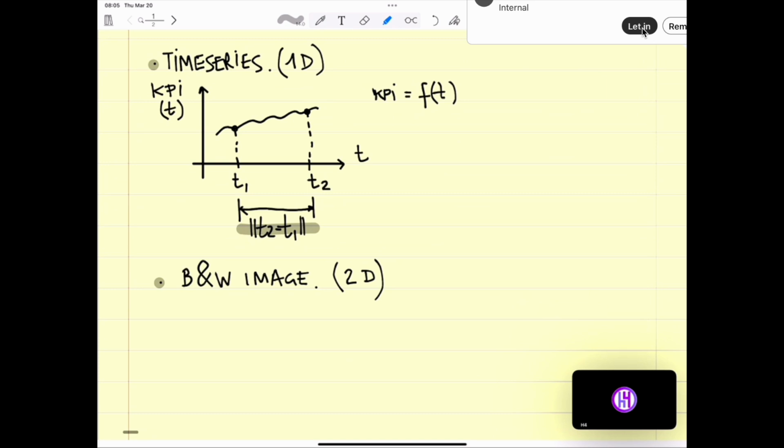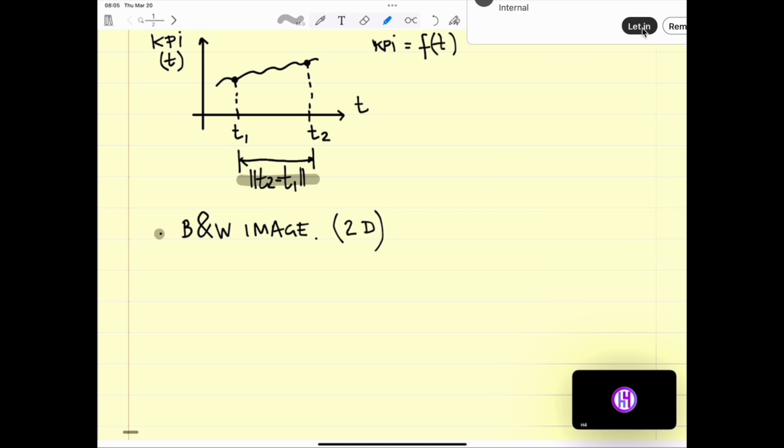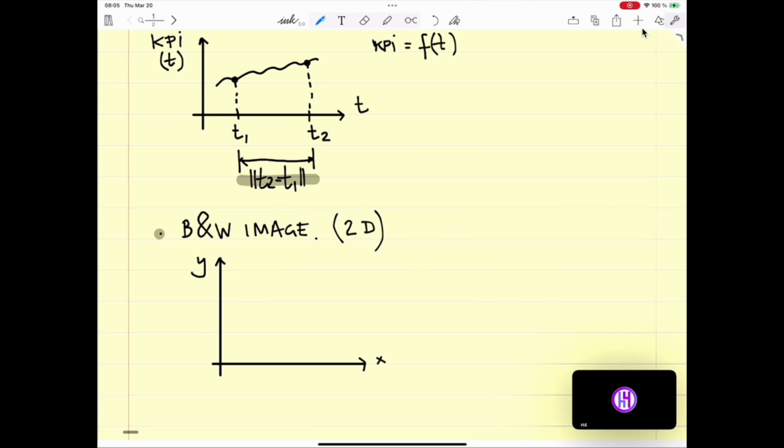Because here we can take two axes, which will be the positions of the pixels in the image, X and Y, and we can, I don't know, get an image of an eye here, just a little eye, and then some eyebrow.